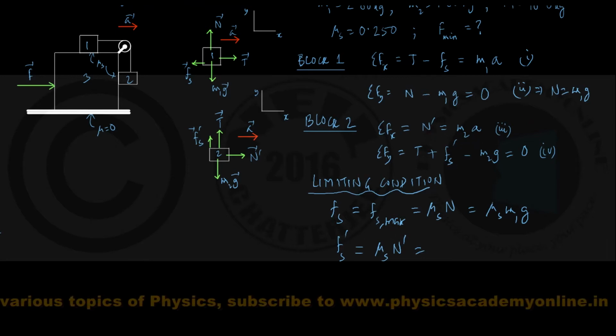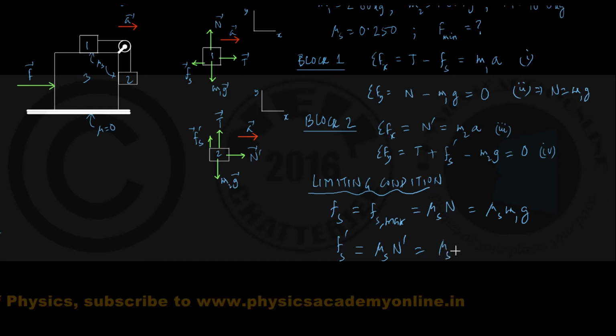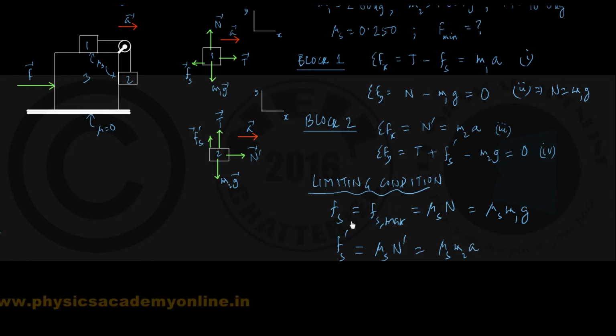Therefore, Fs dash has a maximum value of mu s into m2 into a. So see here, we have got the corresponding limiting frictions acting on blocks 1 and 2 using equation number 2 and 3. We'll be putting these values now in equation number 1 and 4.